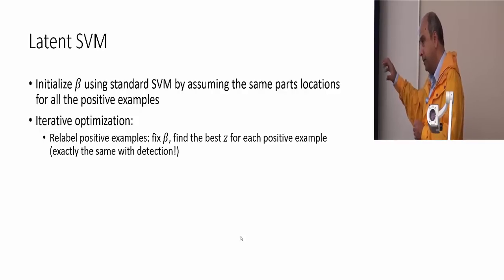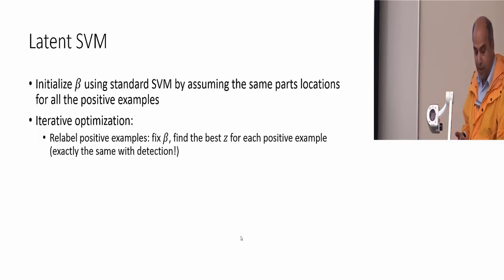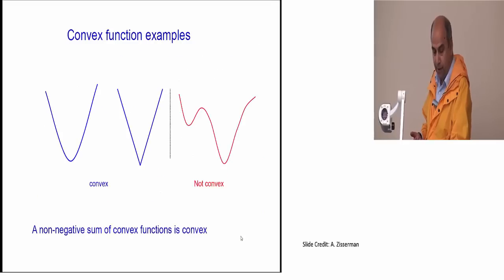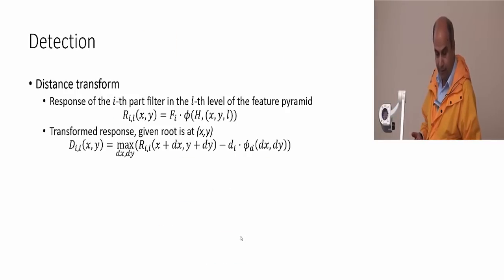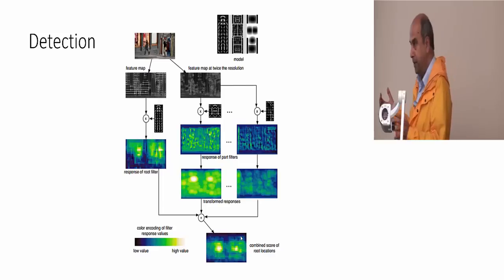We do the distance transform. We do this for all the parts. We have the root score and we add it up. So that's the detection, and that's the reason I covered the detection before the training. So this is what you are going to do for detection.